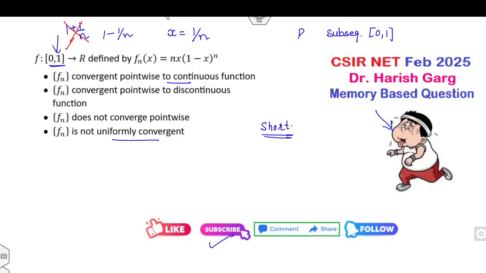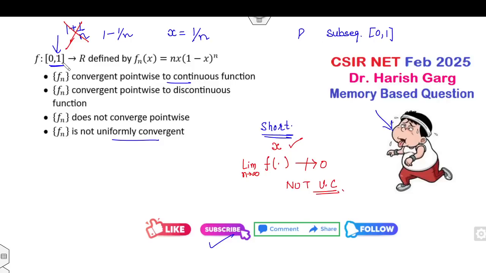Fine. Now, if you can choose any subsequence, substitute it in the given function and take the limit. If this limit does not go to 0, then it is not uniformly convergent. Fine.